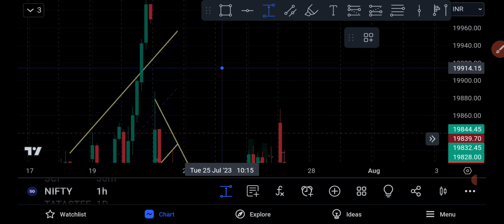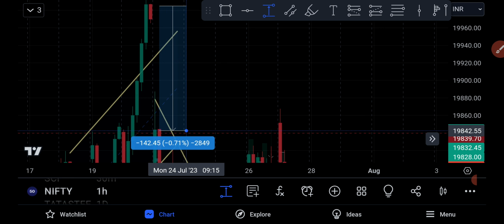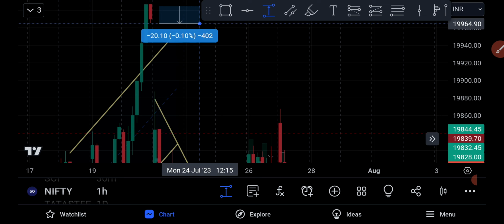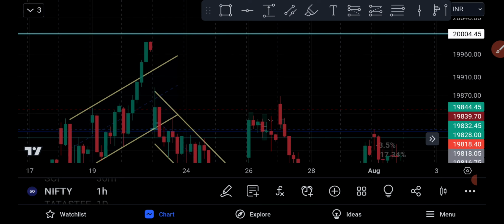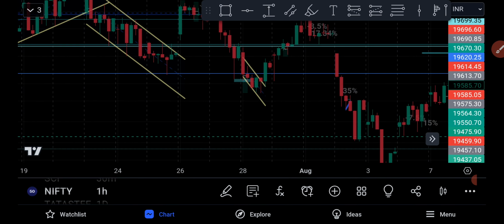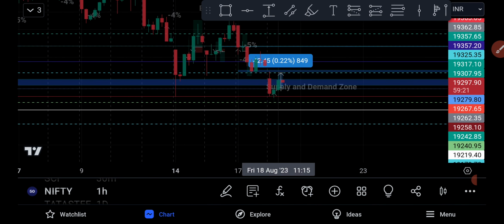Can you observe the difference? In a single night they managed to turn an extremely bullish market into an extremely bearish one. From then the market couldn't even recover properly, and it dropped again and came back to the 19,000 levels, 19,200 or something like that.